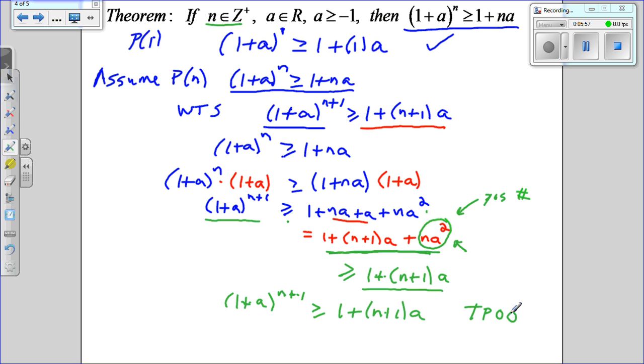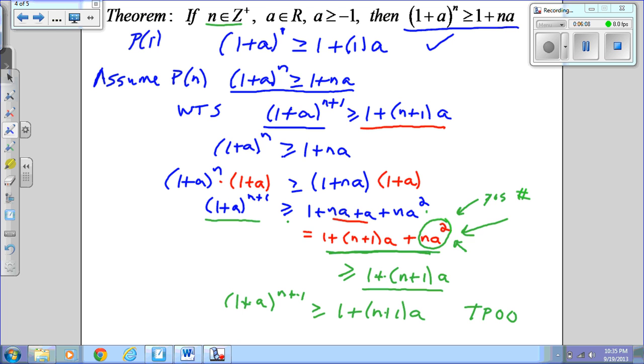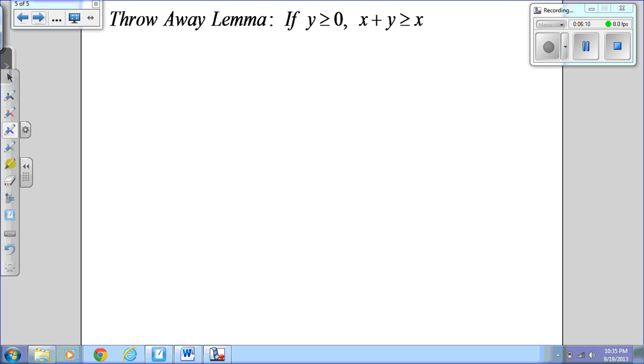Now you might be having an issue with me just throwing away that positive term na squared. The reason we can do that is because of this lemma, which is appropriately called the throwaway lemma.